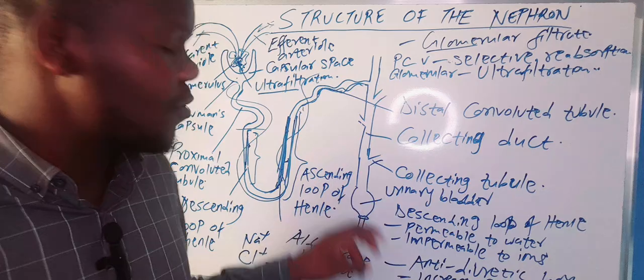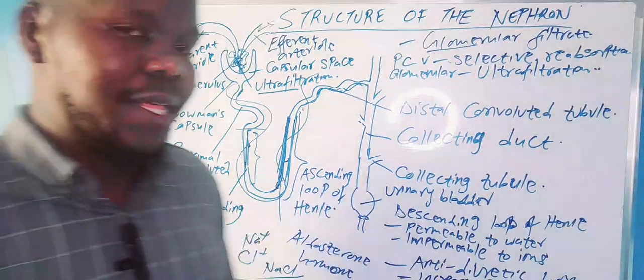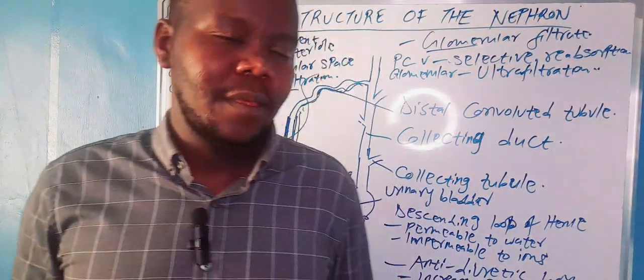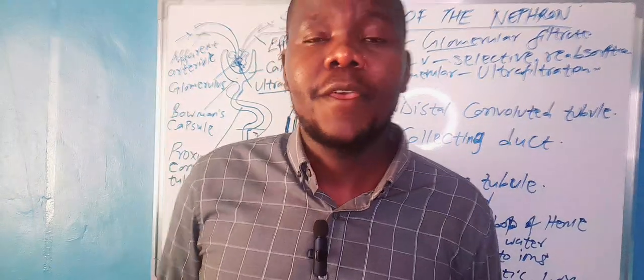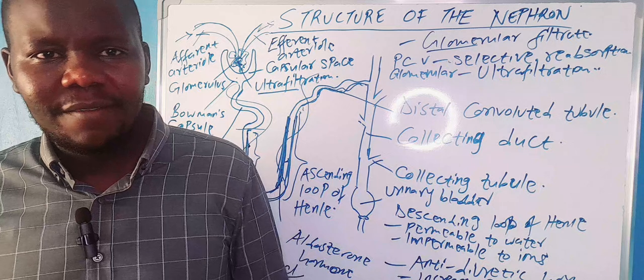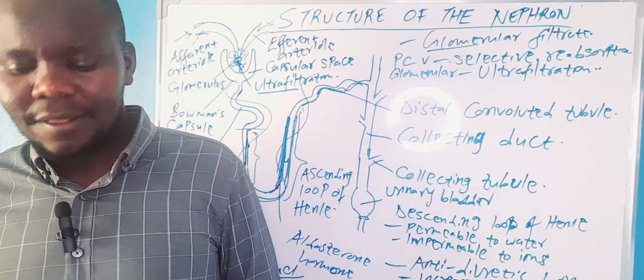Once the bladder is full, it will be emptied through the urethra. That is how, when you're told to describe urine formation, you describe the structure of the kidney in relation to its function. Thank you very much.